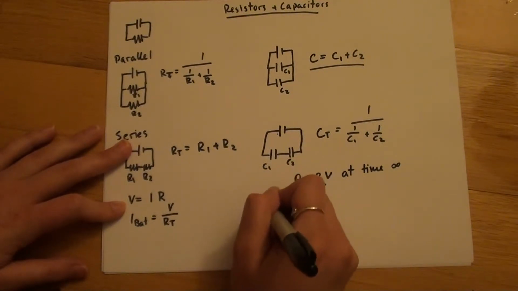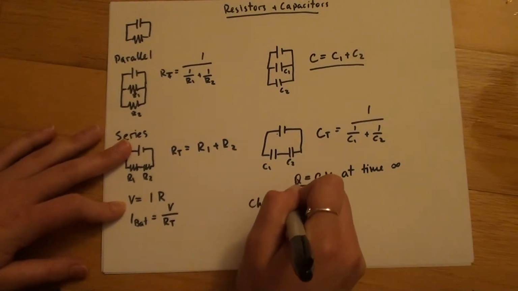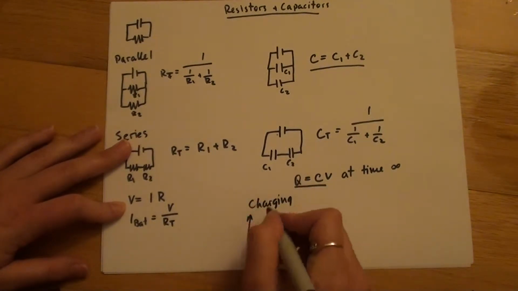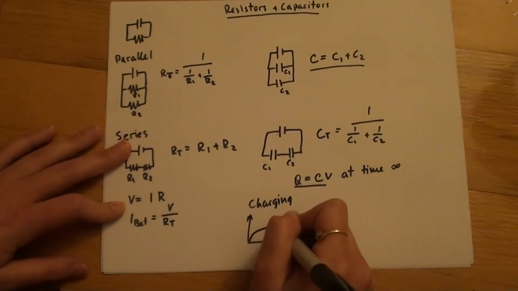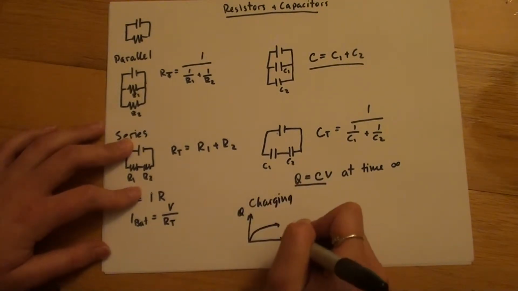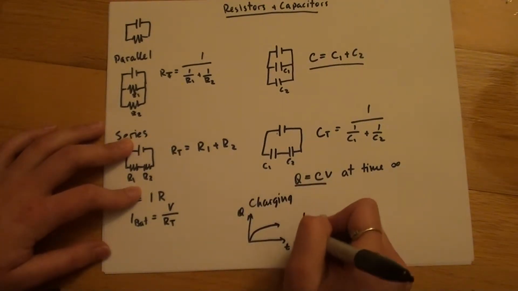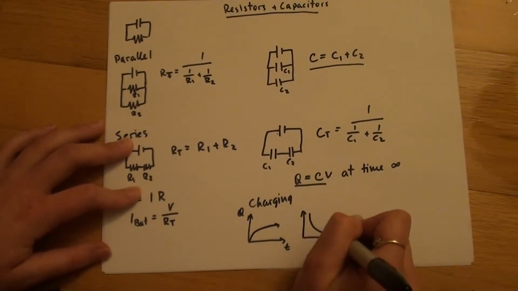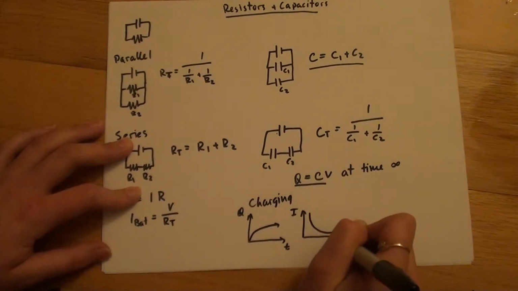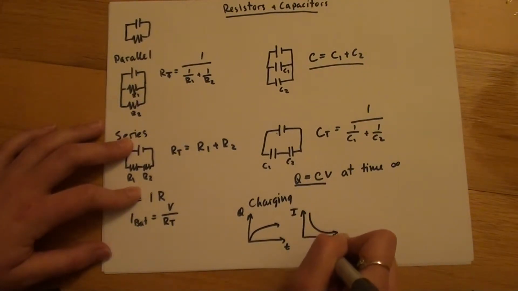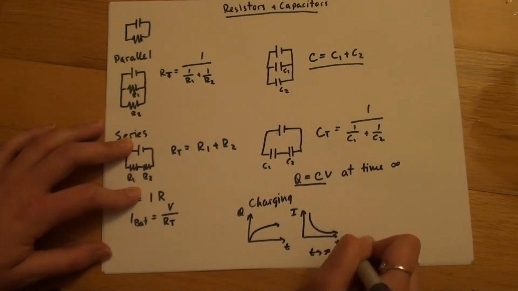For charging capacitors, the charge will start at 0 and it will level off at some constant CV. That is the charge versus time graph. The current through the capacitor will behave the opposite way. On the current versus time graph, as t approaches infinity, I will approach 0.